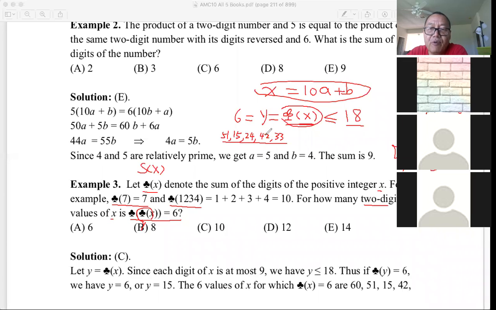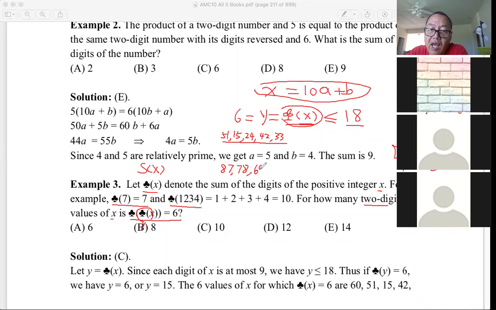Now let's say if Y equals 15, what is the number X? If Y equals 15, Y is the sum of the digits of X. So then we can get 87. X can be 87. 8 plus 7, that's 15. Then 78, that's 15, right?